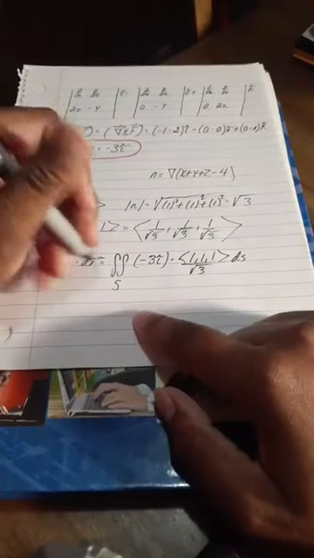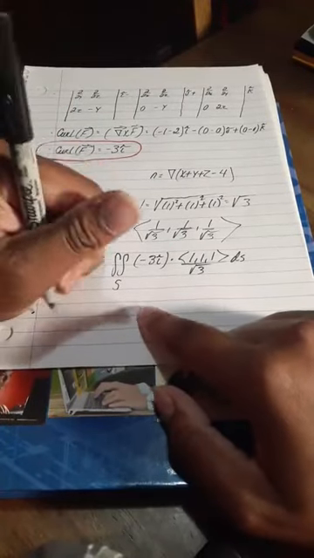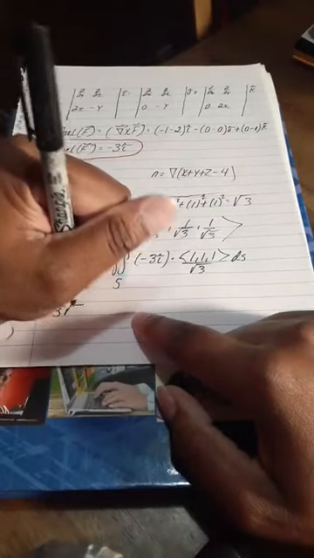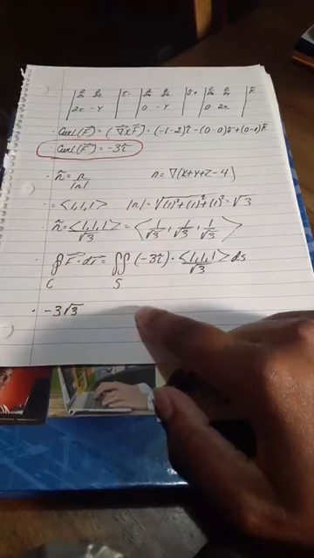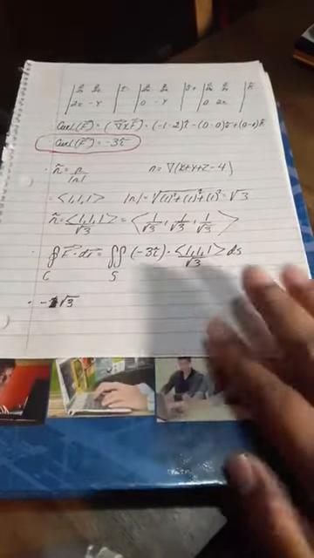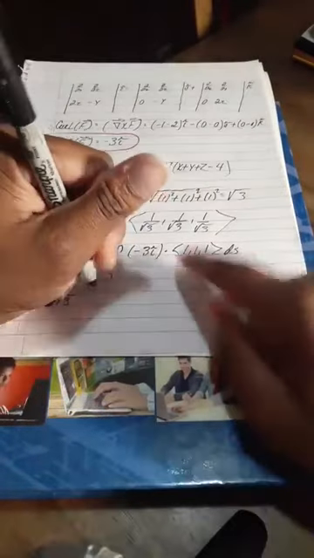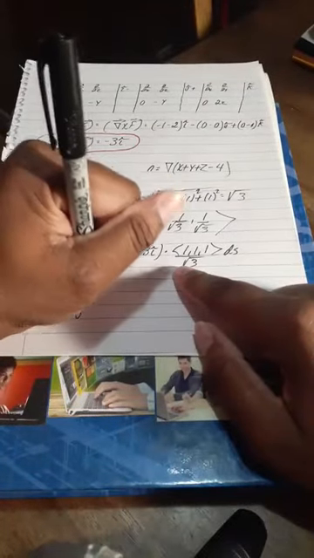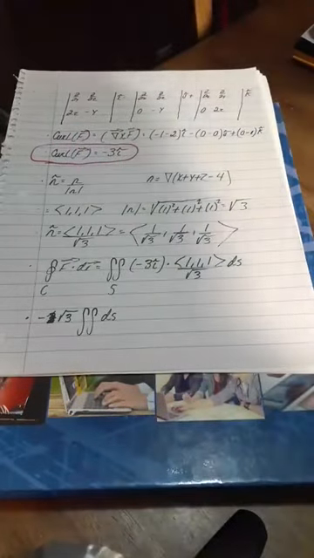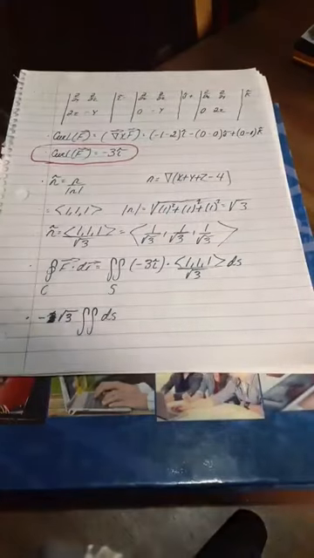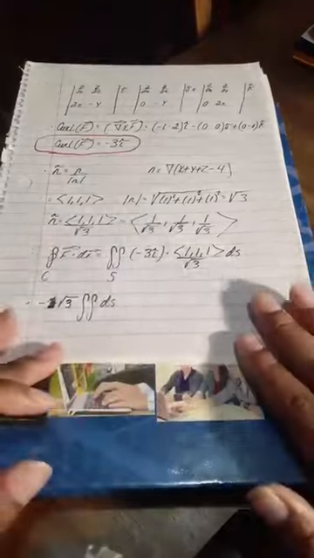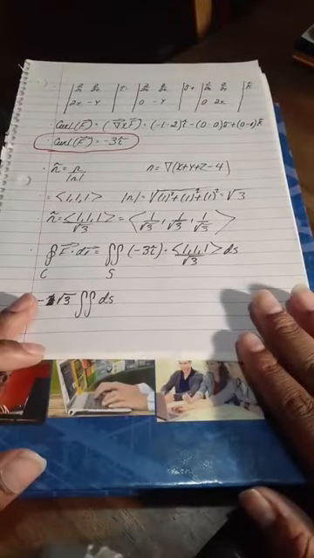All right. So what we're going to get is, I'm going to pull out a negative 3. I'm sorry, not a negative 3. I'm going to pull out negative square root of 3, excuse me. And basically what that leaves us with is the integral of dS, because that would just leave us with essentially 1 on the inside. Well, 1 times dS is just dS, so you don't really have to write 1 dS. And so this is essentially where we would end up.